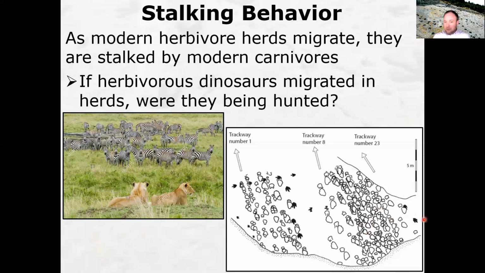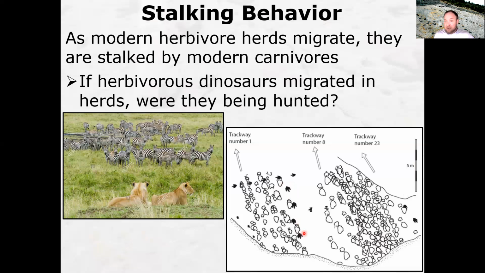And then along the periphery, highlighted in black here, there are theropod dinosaur tracks. These are primarily carnivorous dinosaurs. T-Rex is a theropod, velociraptors are theropods. The footprints are not intermingled with the herd, but you see them off on the fringes.